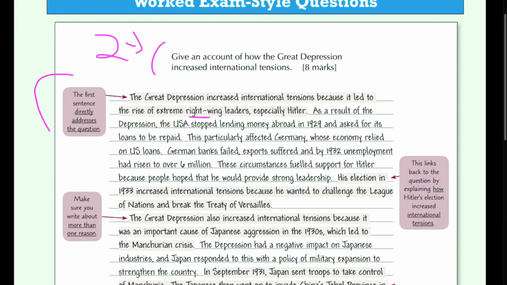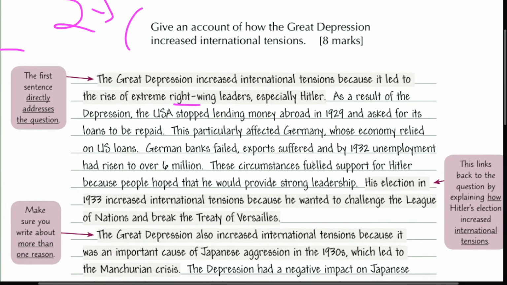Some comments for you. We have a very interesting word here, the word fueled. Let me see if I find it. The circumstances fueled.